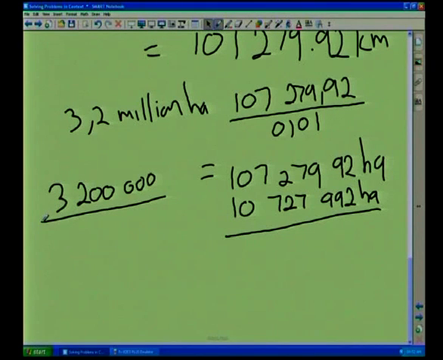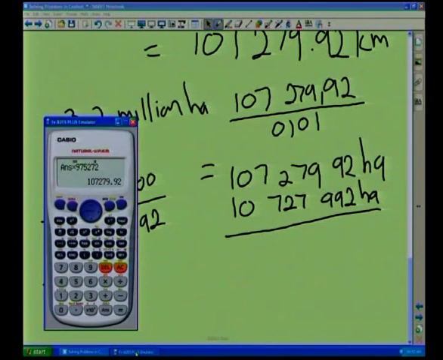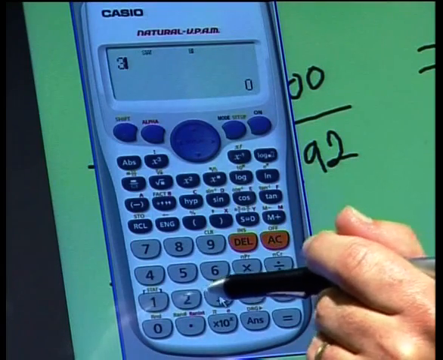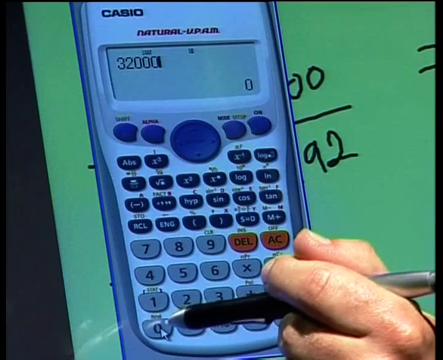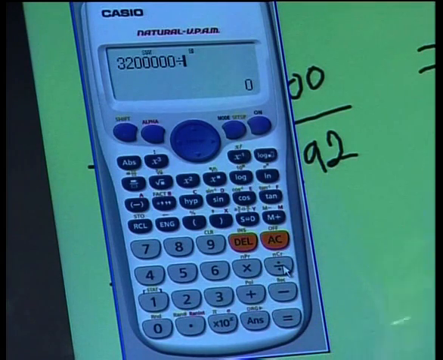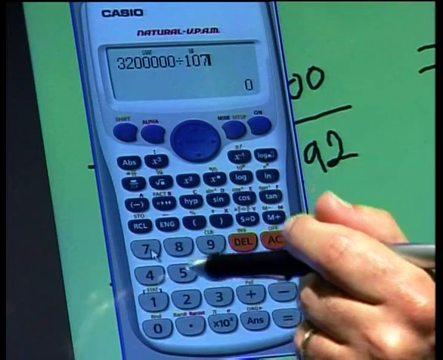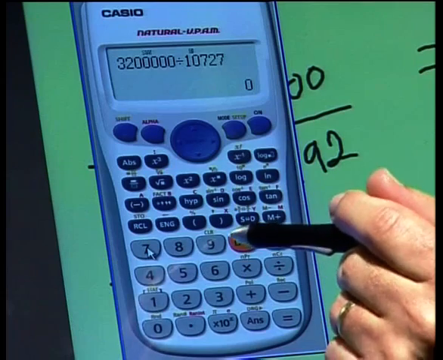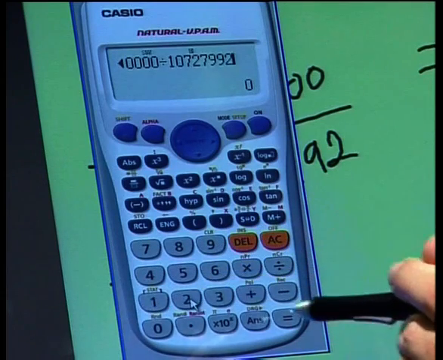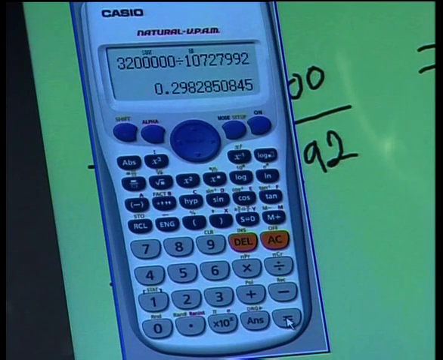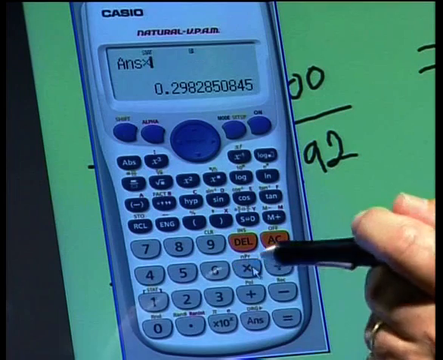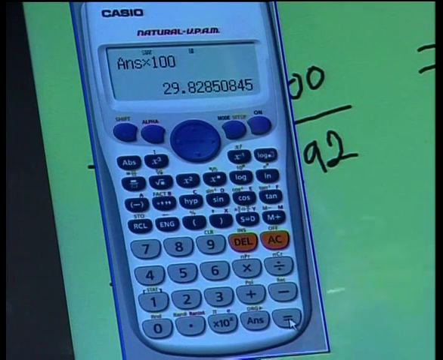Divide that by 10,727,992, and that will give us an answer of, let's go to the calculator, 3,200,000 divided by 10,727,992, and we get a total of 0.298, or multiplying by 100 for percentage, a percentage of 29.8.